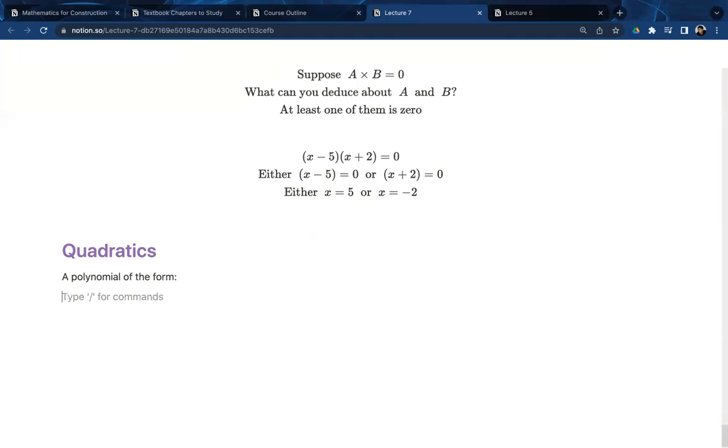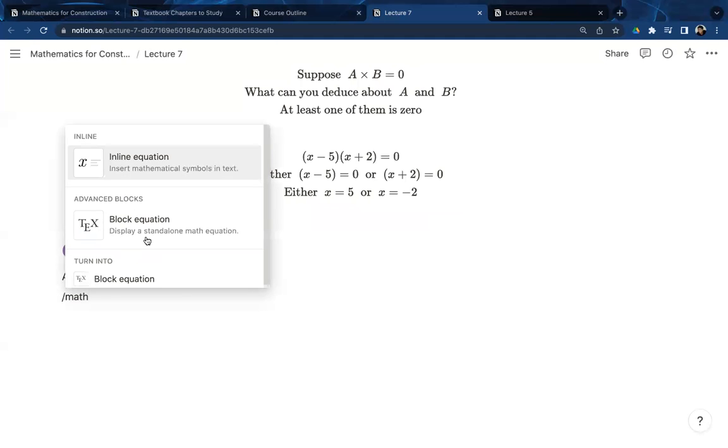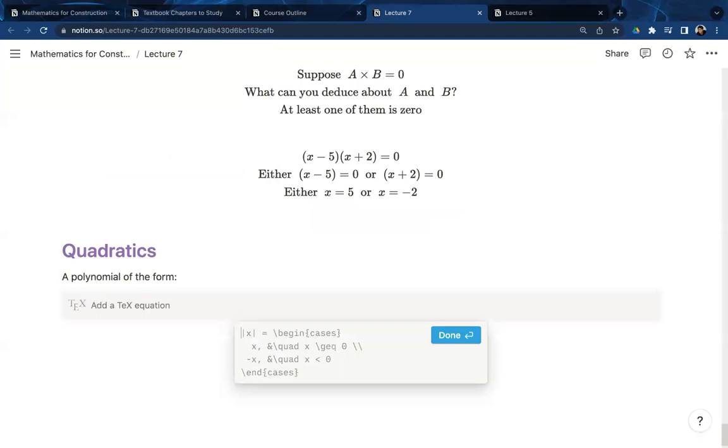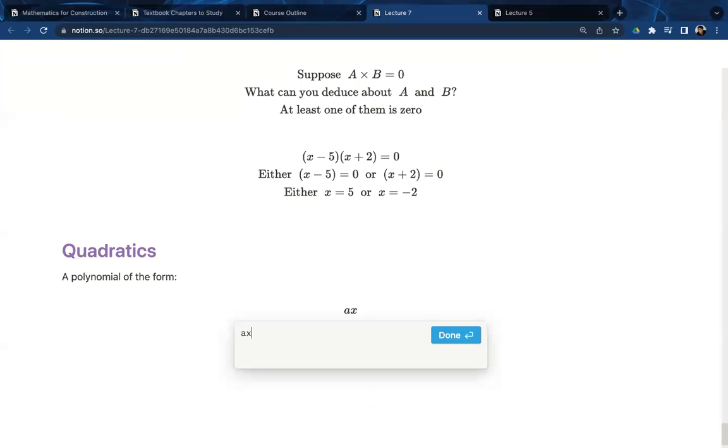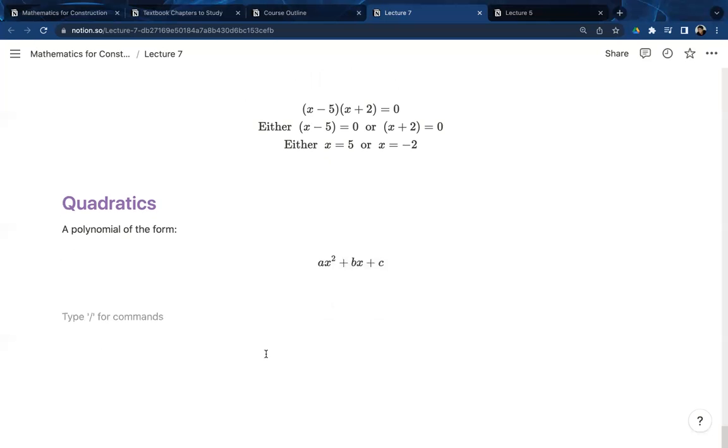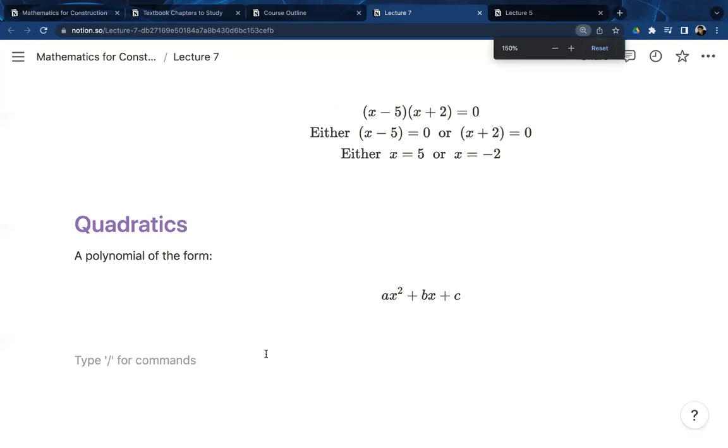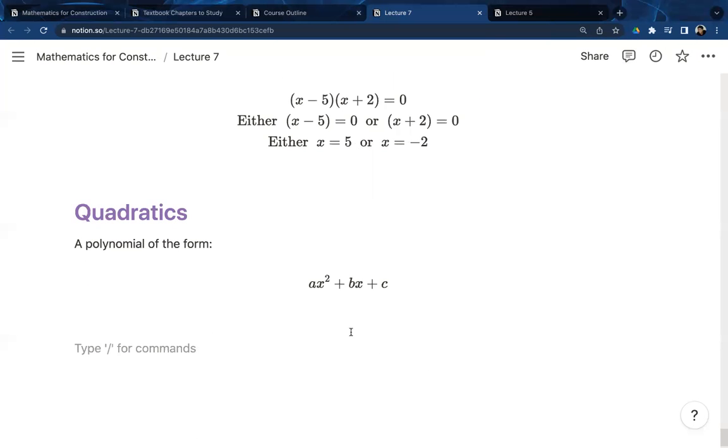So a quadratic is a polynomial of the form, right? Ax squared plus bx plus c. That's essentially what a quadratic is. The highest power of x is 2.